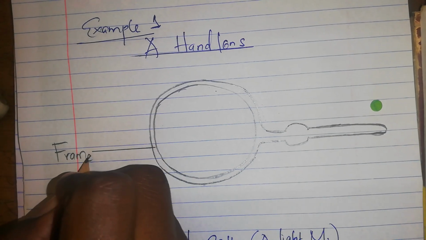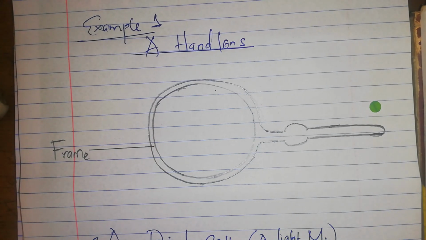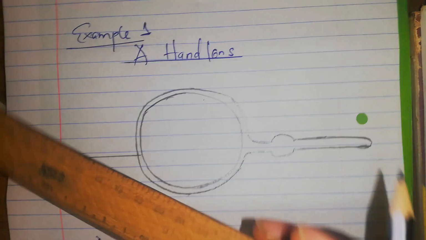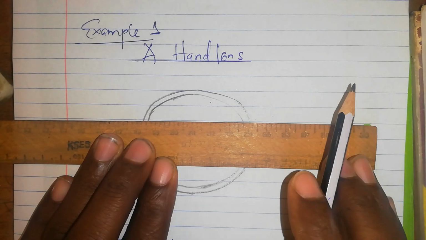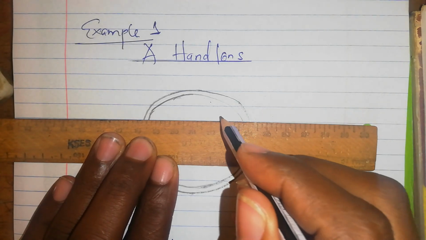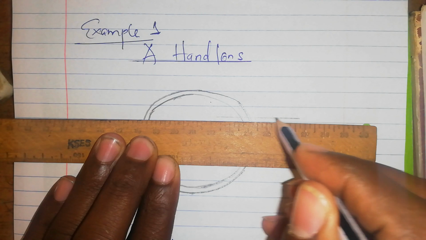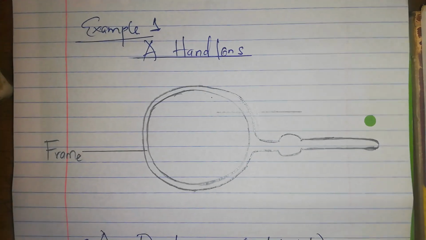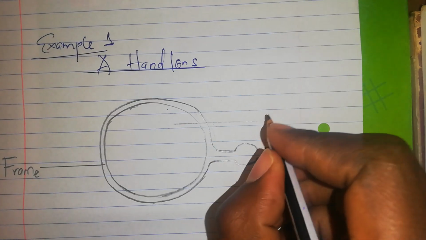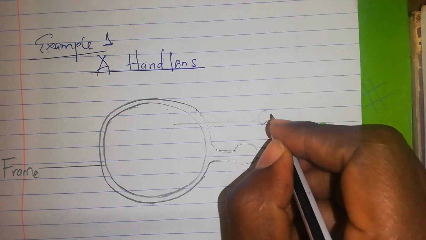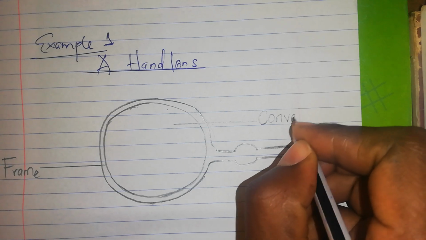The next one is the one that follows it. This bigger part here. We can label it on our right. Again, a straight label line like that, because we said no label line should cross any other. This one is the convex lens.